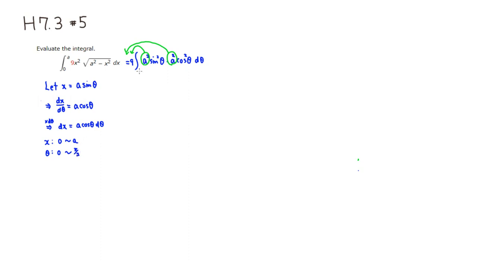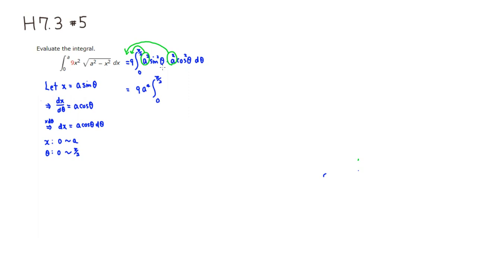So it's going to be 0 to pi over 2. Then 9 is still there, and you have a squared times a squared, so there's going to be a to the 4th power, and you go from 0 to pi over 2.